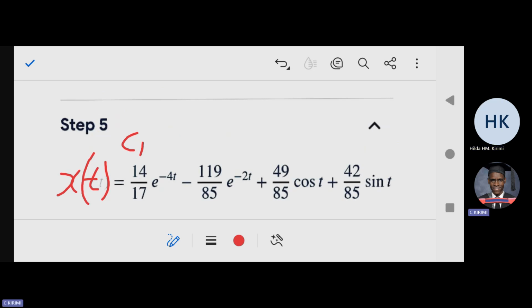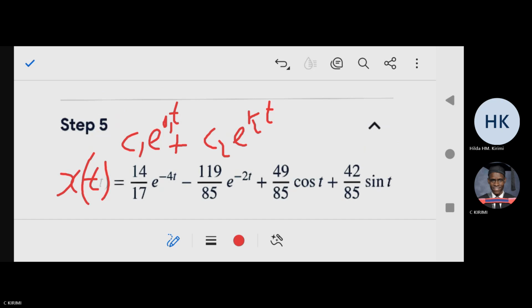This was your r, which was your first root, plus C2 e to the power r2 t. This one was r1 t.